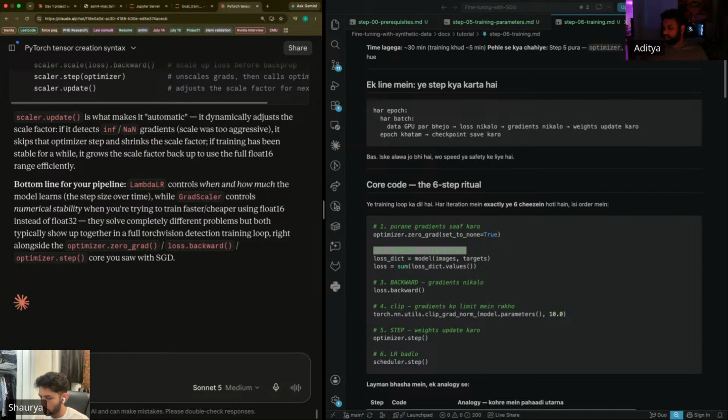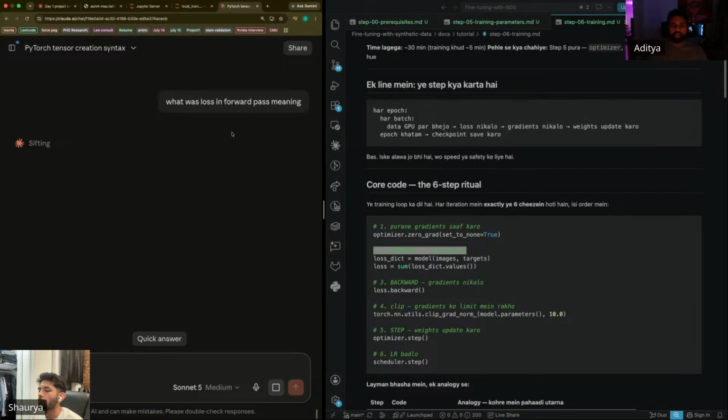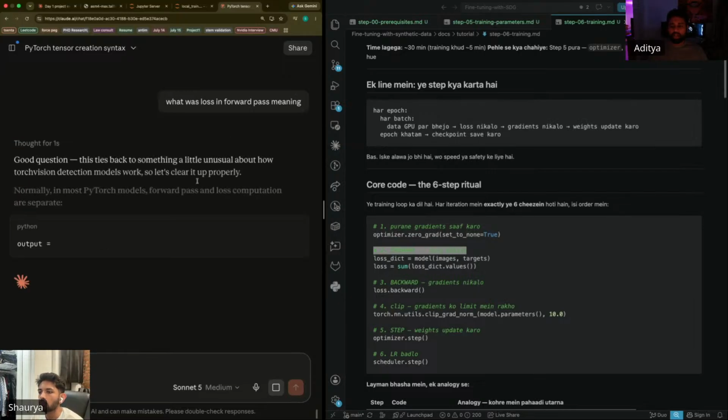Forward loss or forward pass? Loss of model(image, targets). Oh yeah, okay, got it. So basically, forward loss is when we are comparing our outputs against the targets we are trying to generate.